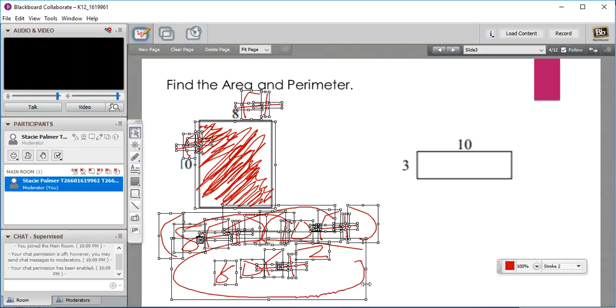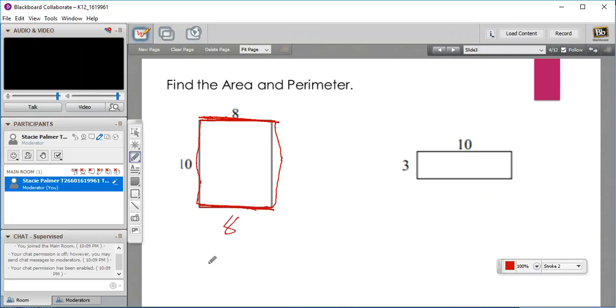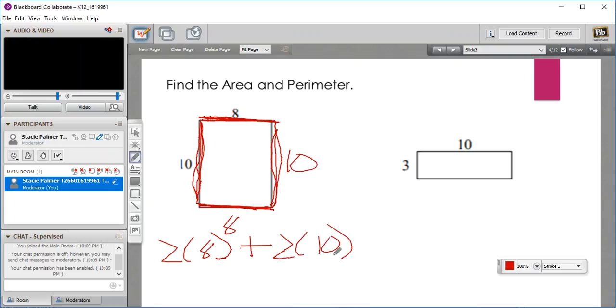So to find the perimeter, remember the perimeter is the distance around the outside. We have 2 sides that are the same. This side is the same as this side, so we know those are both 8. So we're going to have 2 times 8 plus, we know that this side right here is the same as this side right here, 2 times 10.